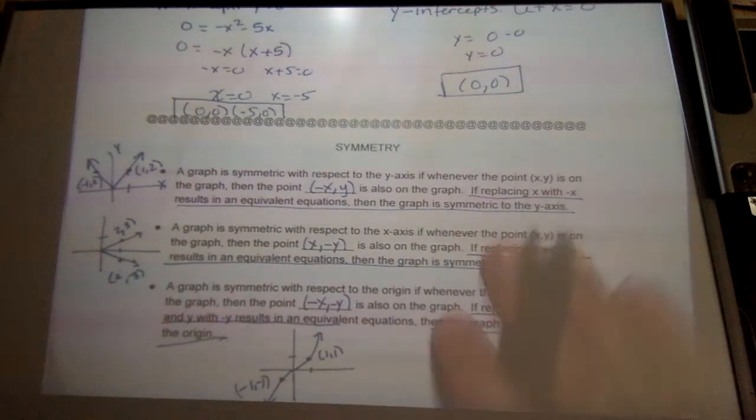All right, I have 3 examples, and what I'm going to do is I'm going to make a chart here.